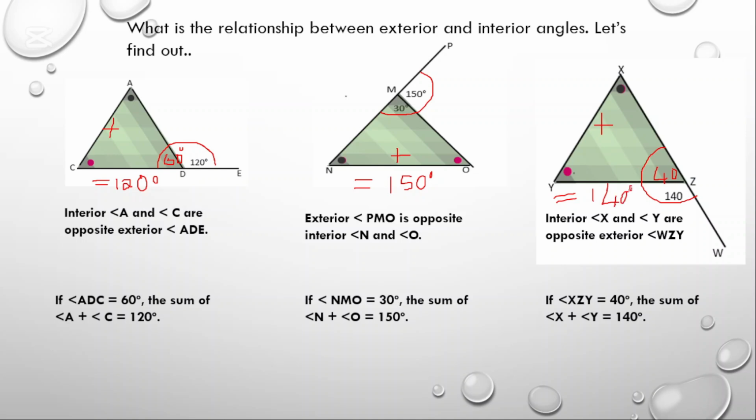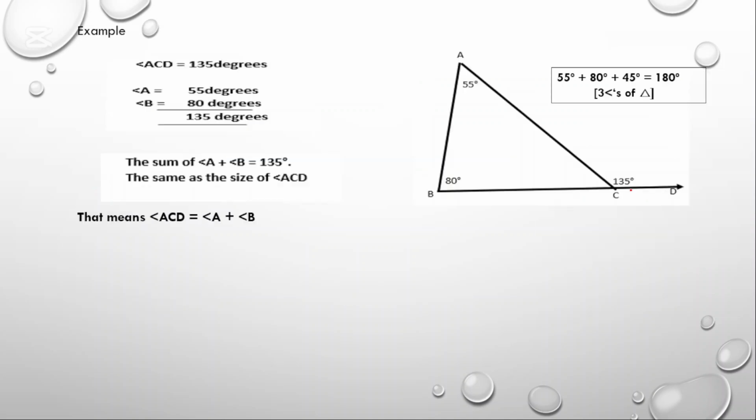Right. In the next example, we have the values of the angles for you. A is equal to 55, B is equal to 80, and they also give you the value of the angle that we call the exterior angle. ACD is equal to 135 degrees. A is equal to 55 here, and B is equal to 80.